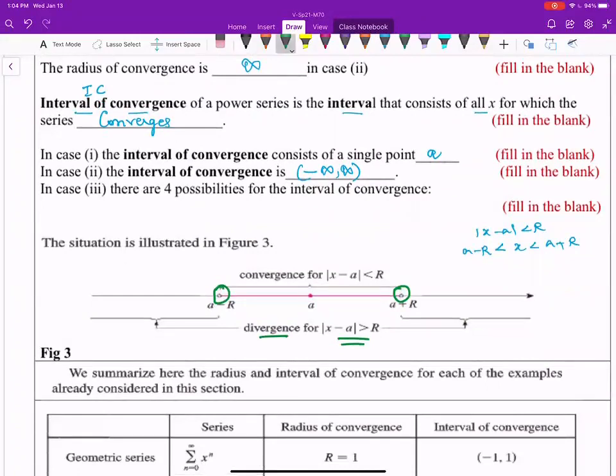But the interval of convergence can include the endpoints or not.